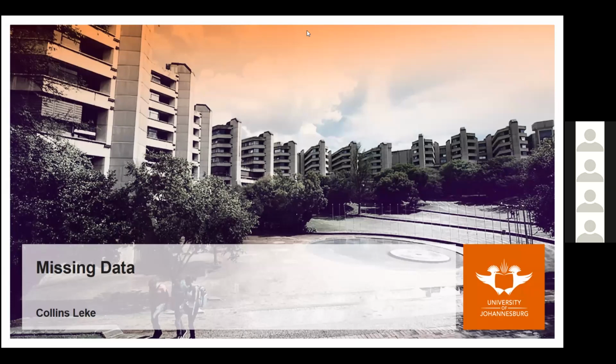So like Prof mentioned, I'm going to be talking about missing data, which in the data science realm and domain, I consider to be quite an important topic. Because imagine this, you have 100 records, and in those 100 records, 50 of them have missing data.